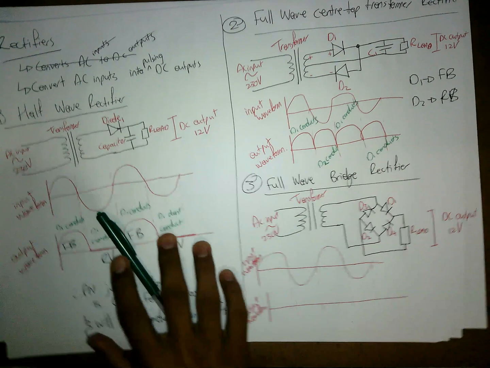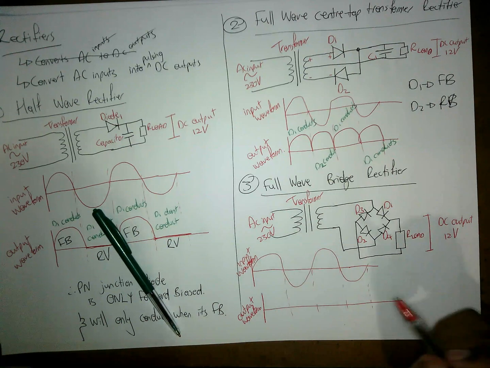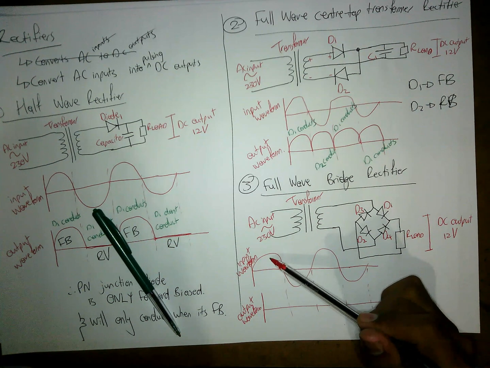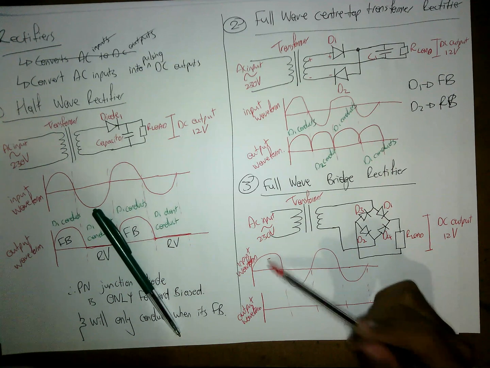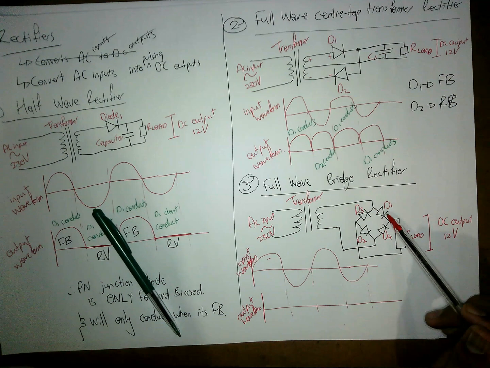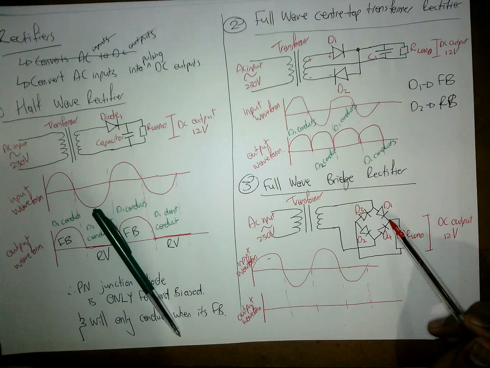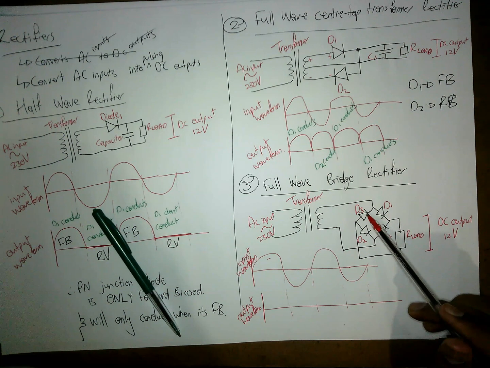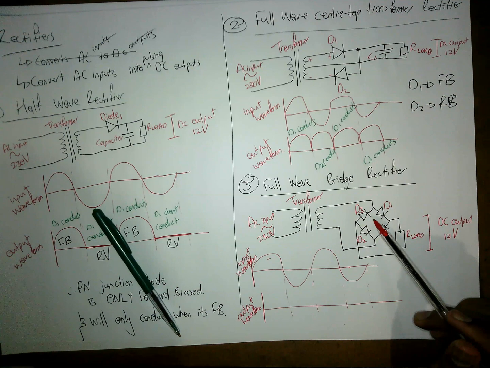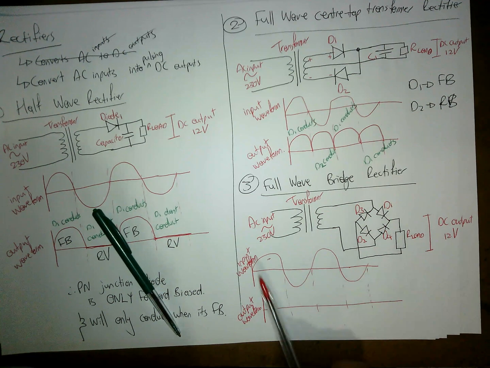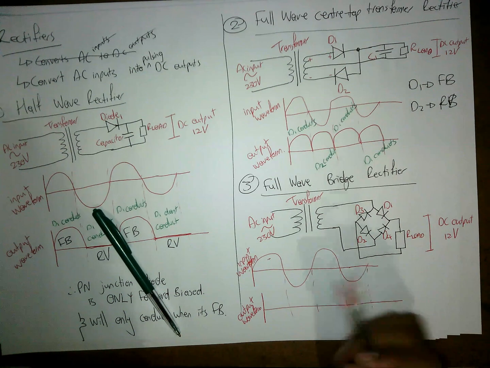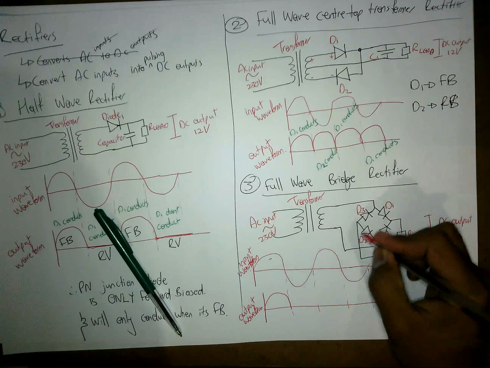When we are in the positive cycle of our wave, D1 and D2 will conduct because these are forward bias.